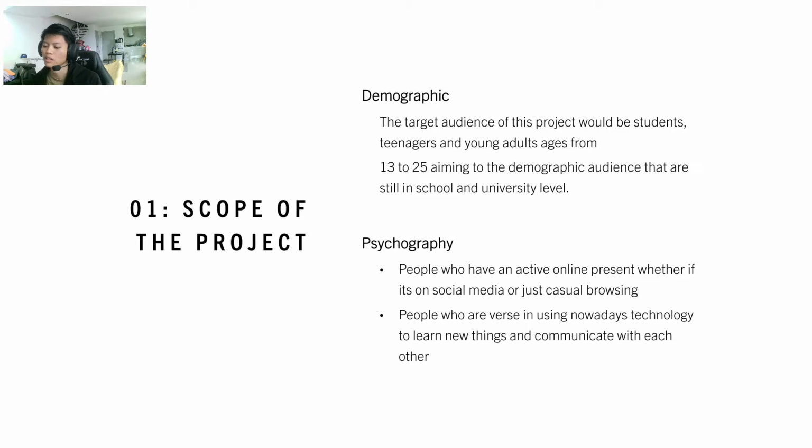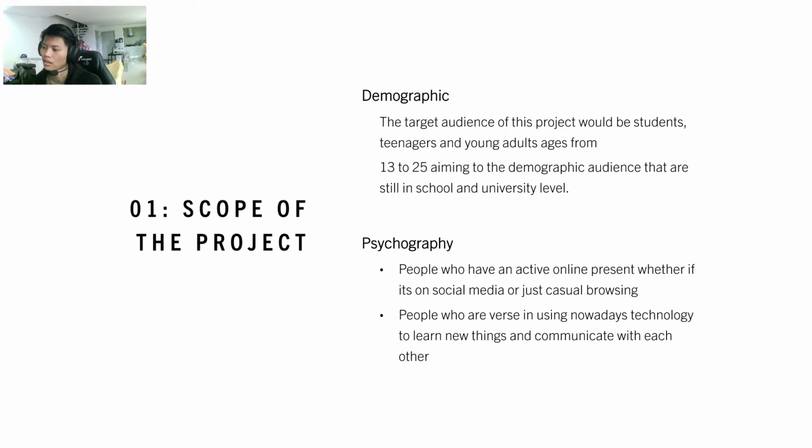So not only is it that being on social media means they are more susceptible or more exposed to scams, illegal advertisements, and whatnot. But since they spend most of their time online and using these technologies, they are more versed compared to people who were, let's say, born before 1995.